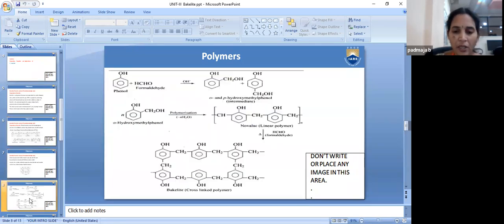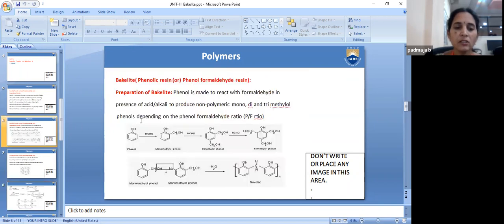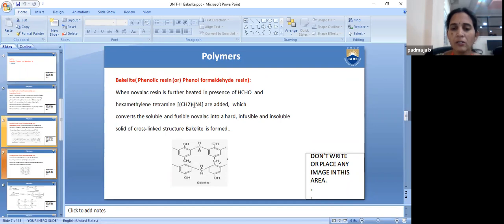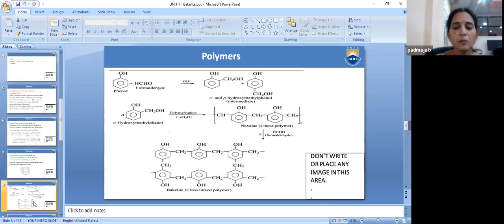So in step 3, to this Novolac linear polymer, we add formaldehyde and the catalyst hexamethylene tetramine, and we heat the polymer.